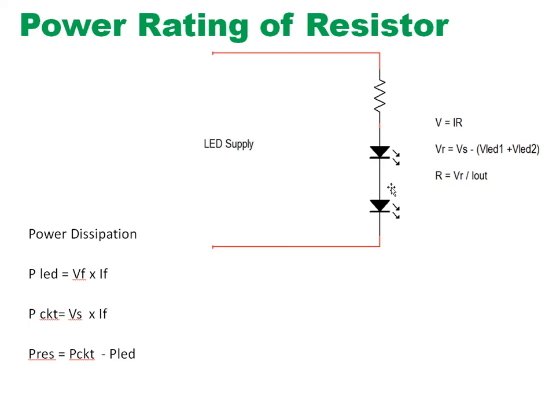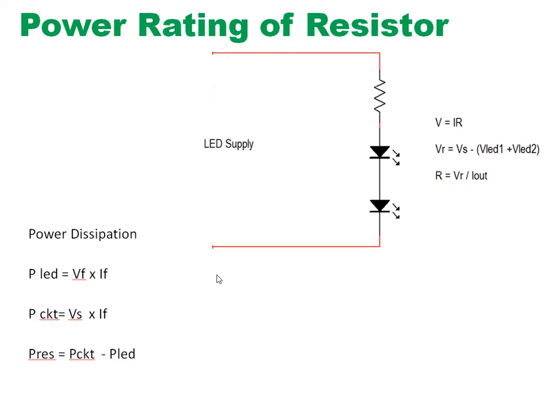Okay, and now the total power dissipation: what we do is the supply voltage multiplied by I out, that is how much current we are driving through the LEDs. VS is 12 volt in our case, and we are driving 20 milliamps, right? So that is the total power dissipation.